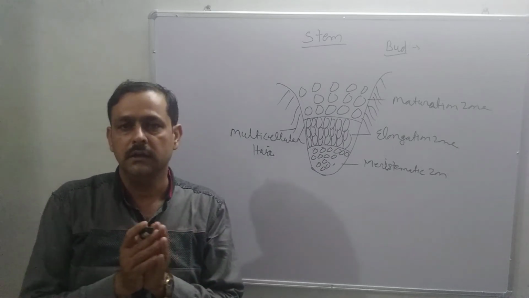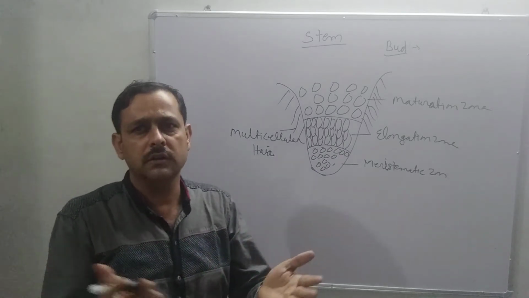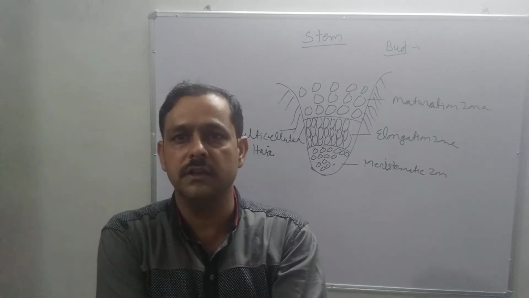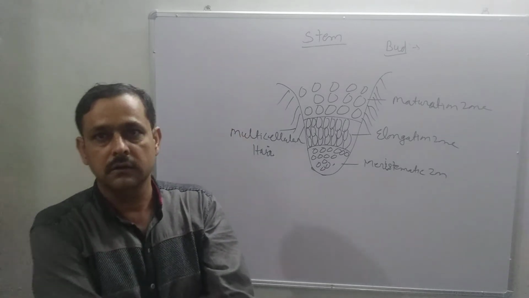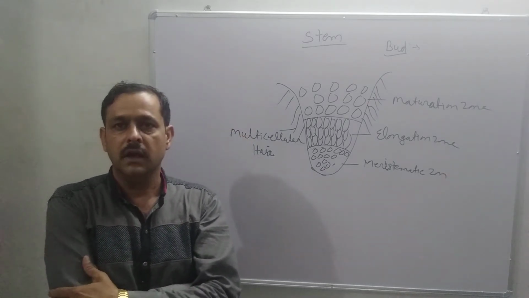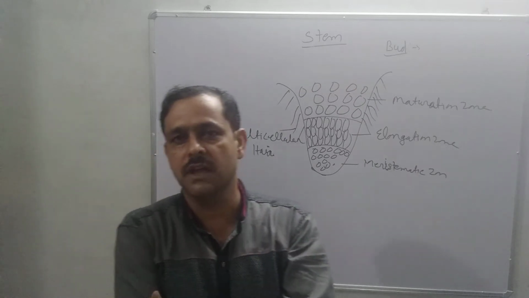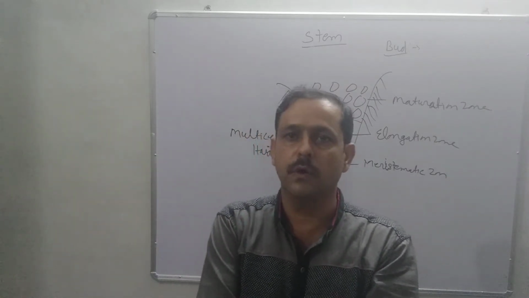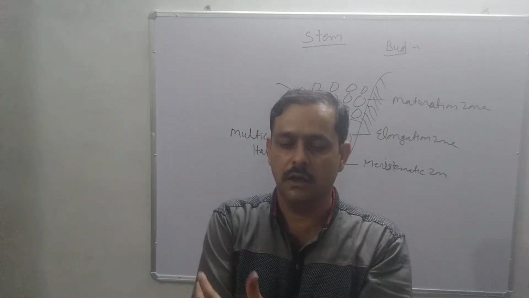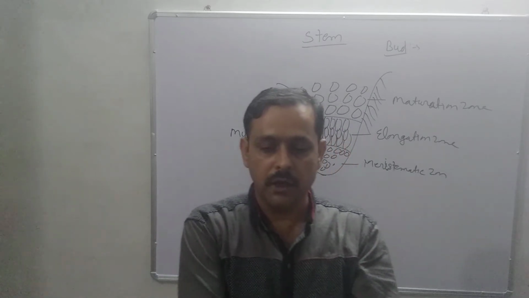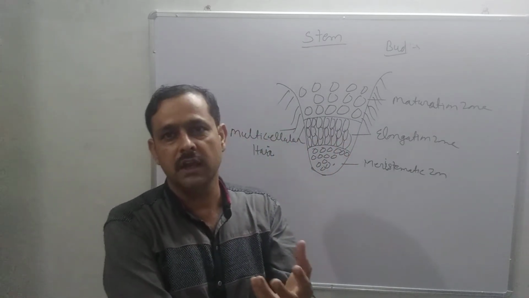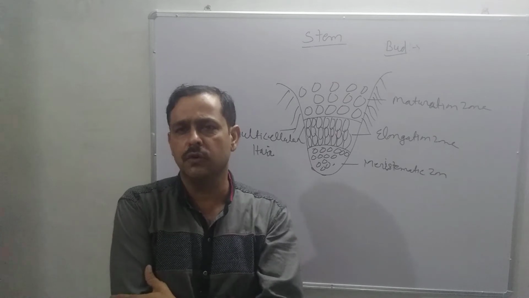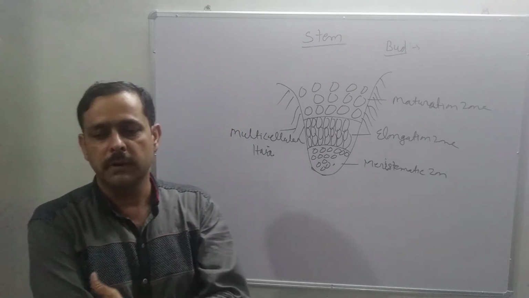The largest bud is the cauliflower. This is an example of bud. Adventitious buds are also found on the leaf of Bryophyllum, which can grow into a new stem. So there are many buds that grow into a new plant.